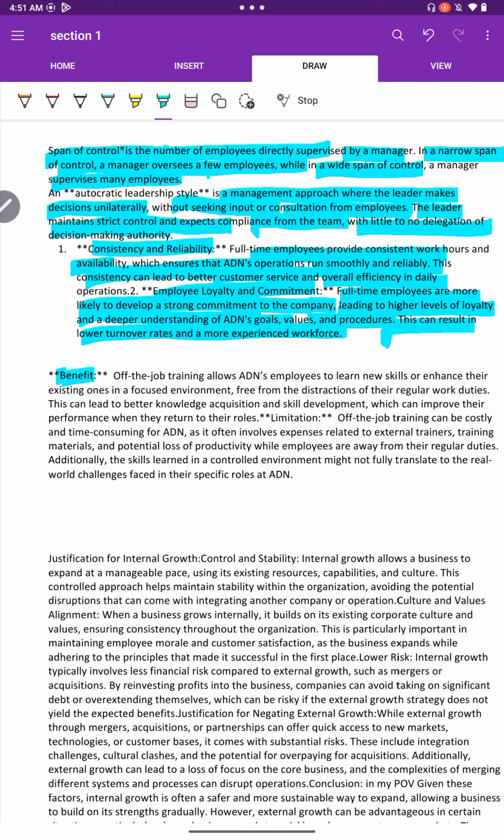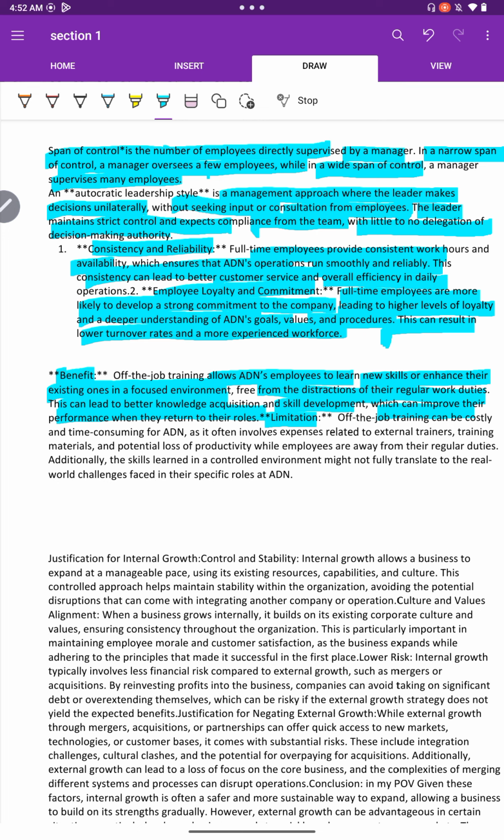This is the benefit. This is the limitation of using off the job training. Off the job training allows A&D's employees to learn new skills or enhance their existing ones in a focused environment, free from distractions of their regular work duties, and this can lead to better knowledge acquisition and skill development, which can improve their performance when they return to their roles.